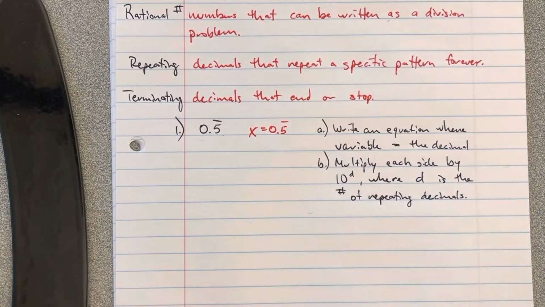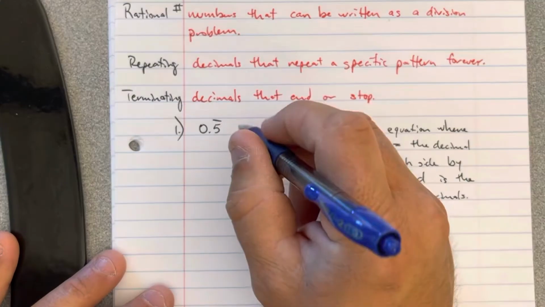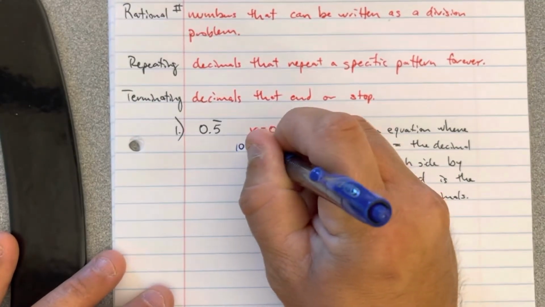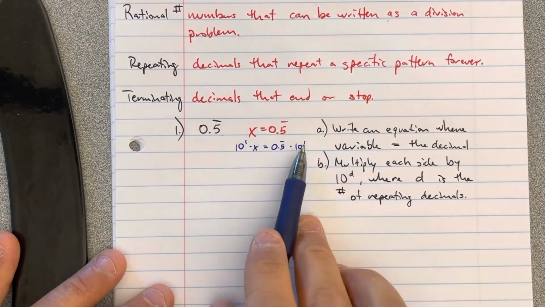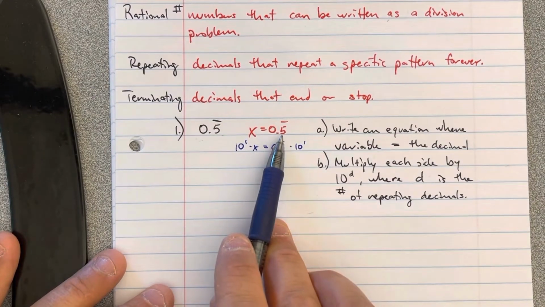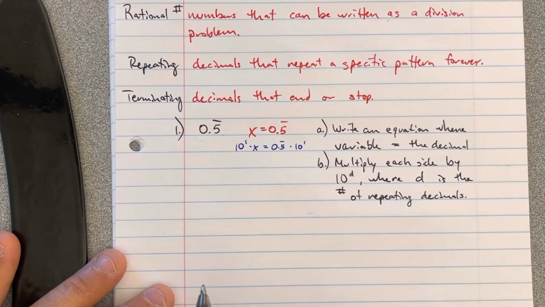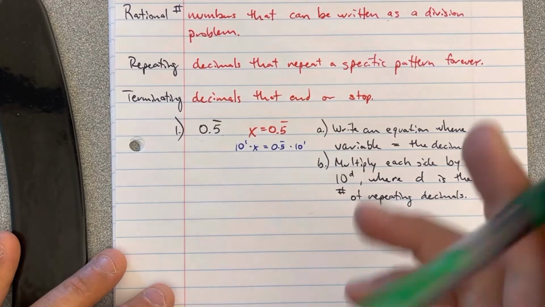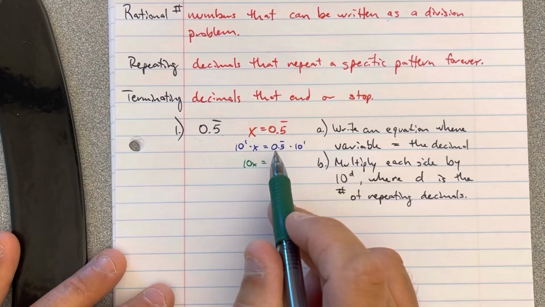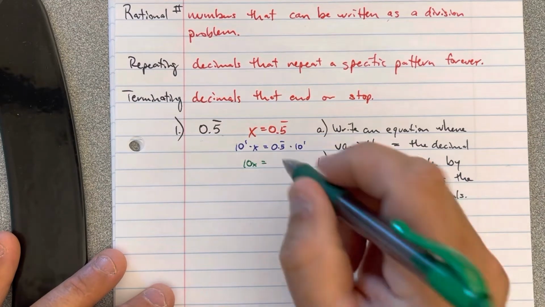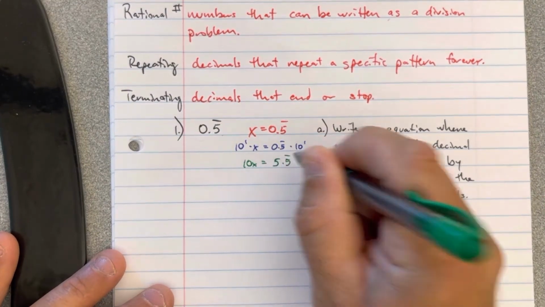In this example, we have one number being repeated, so we multiply both sides by 10 to the first power. 10 to the first is just 10, so this turns into 10x, and 10 times 0.5 repeating turns into 5.5 repeating.